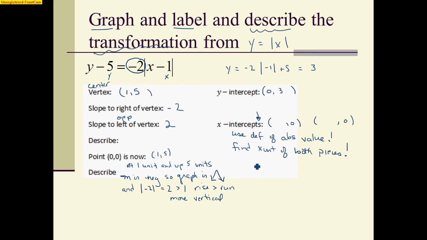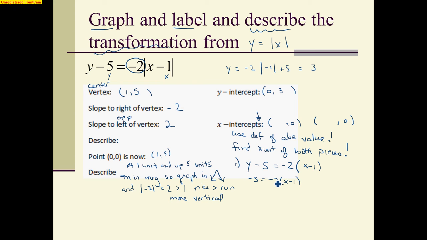So, the first piece is when y minus 5 is equal to negative 2 times the absolute value, drop the absolute value, because that's when that's regular x, right? And that I make y 0. And find that x-intercept.